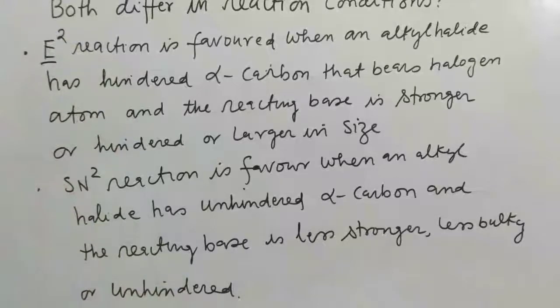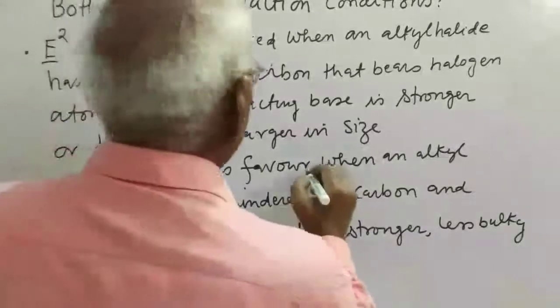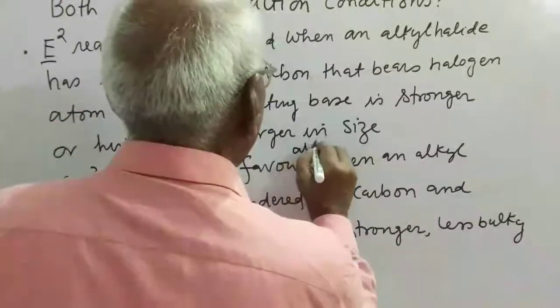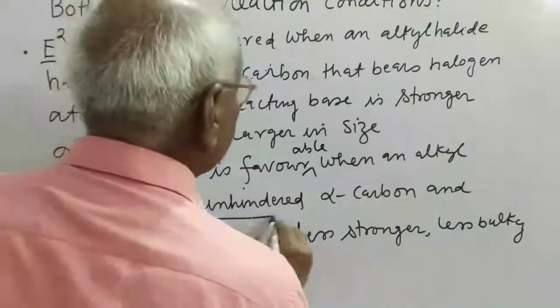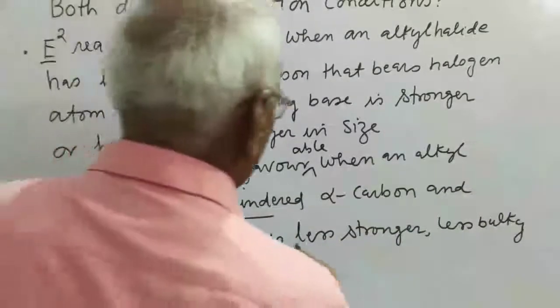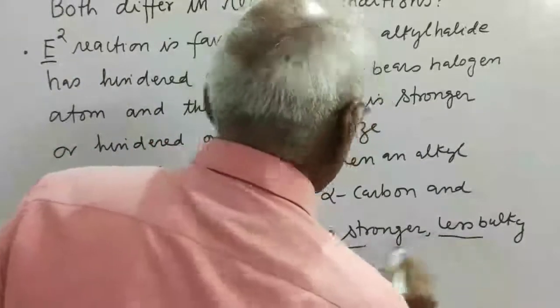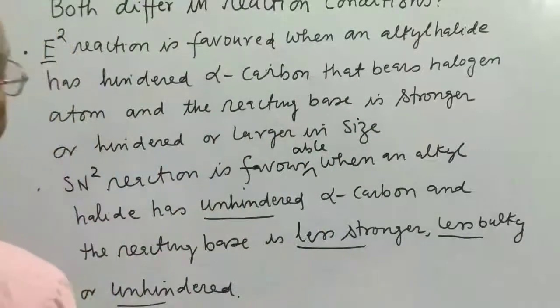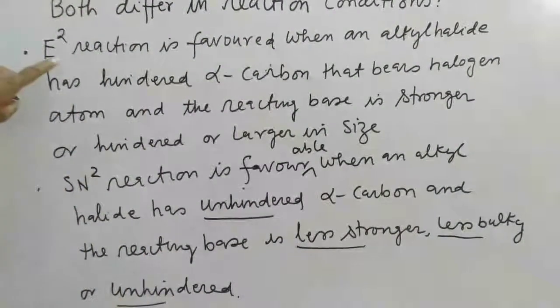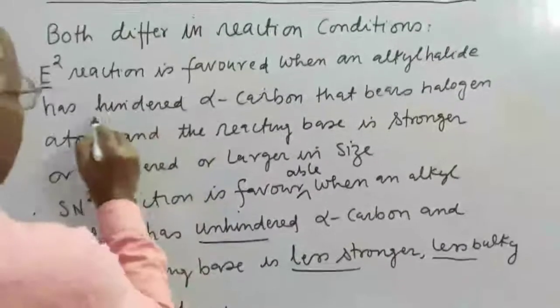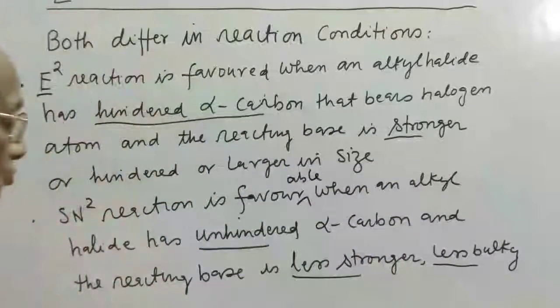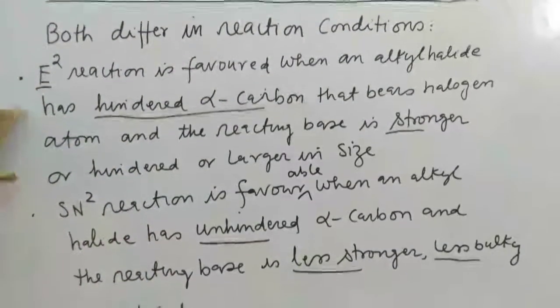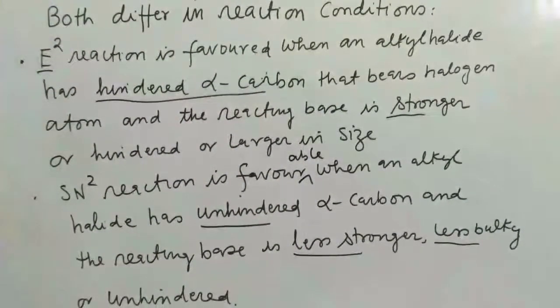This is the reaction condition for the SN2 reaction. In the first case, in E2 reaction, the alpha carbon should be hindered and the reacting base is stronger. So this is the difference between E2 and the SN2 reaction.